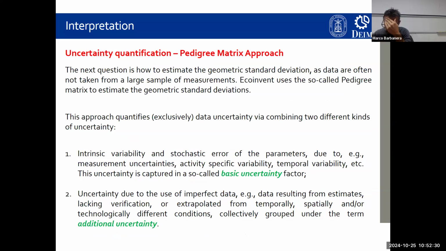This approach is called the pedigree matrix approach, and it was used by the authors of the EcoInvent database in order to calculate the square standard deviation for each parameter in the unit processes of this database.